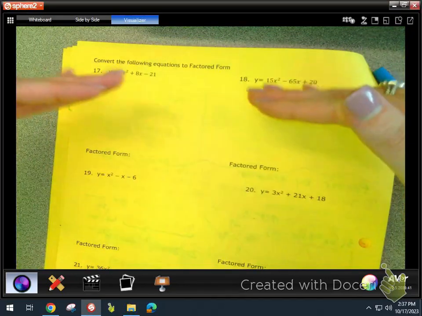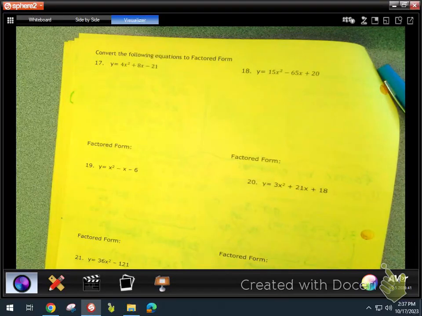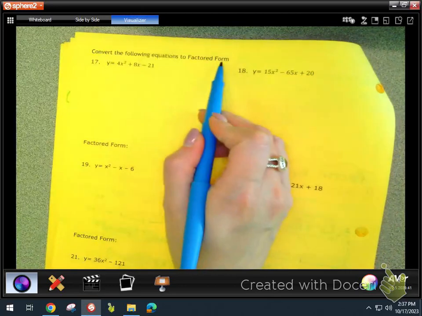Just so you know, I will put an answer key to page 18 on Canvas. I'm okay if you go to your 4.3 practice and work on that since that's a required practice. But if you're struggling, we need to really work on this here. The only thing I'm going to say is page 18, you're actually getting into converting.